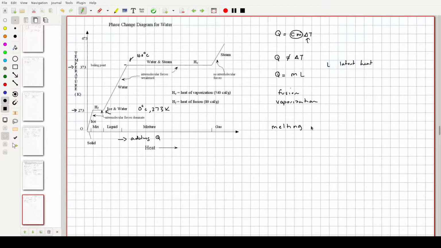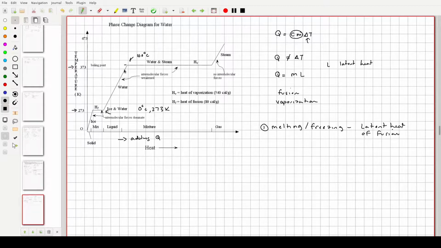Going from a liquid to a solid is called freezing. And in situations where you deal with melting or freezing, you're dealing with the latent heat of fusion. Why fusion? Fusion means to bind, to connect, to combine.